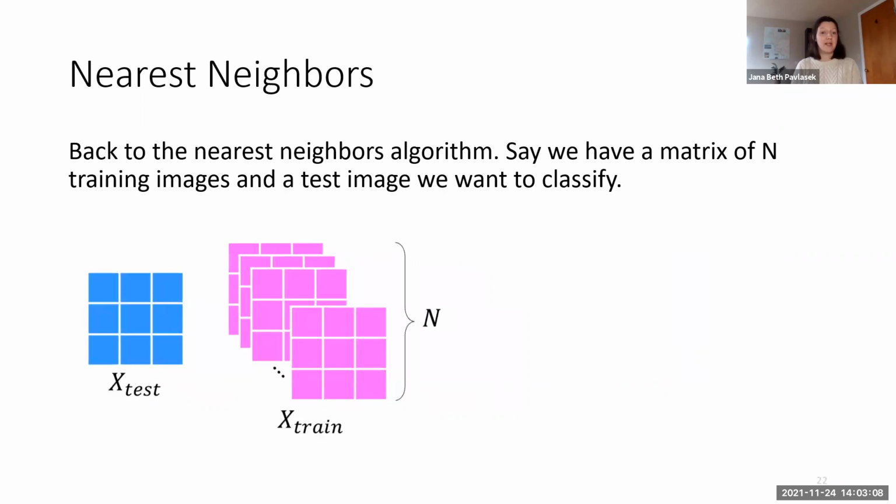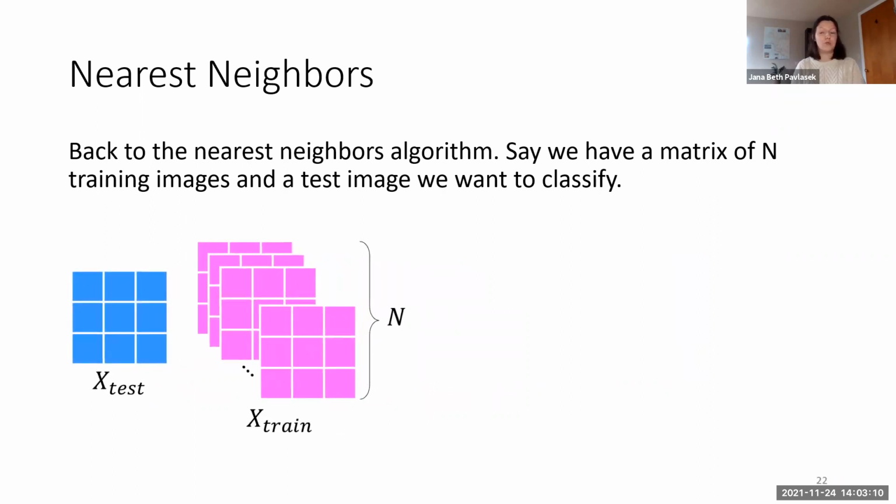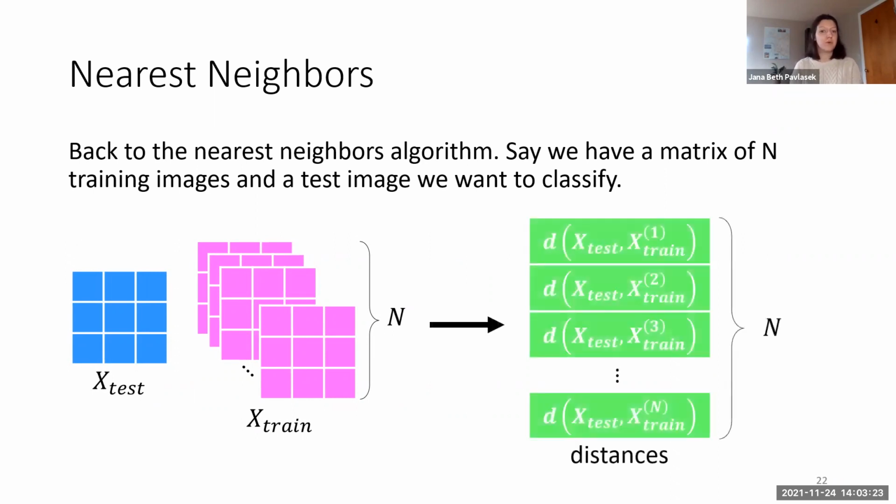Okay, so if we have all these, how do we perform the nearest neighbors algorithm? Well, we already know that we can calculate the distance between different images. First, we're going to calculate the distance between our test image that we want to find a label for and every single one of our training images.